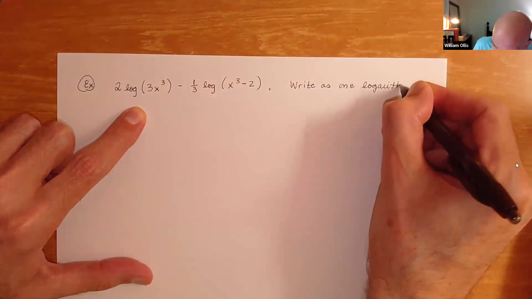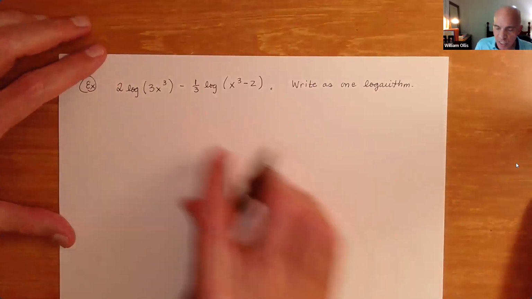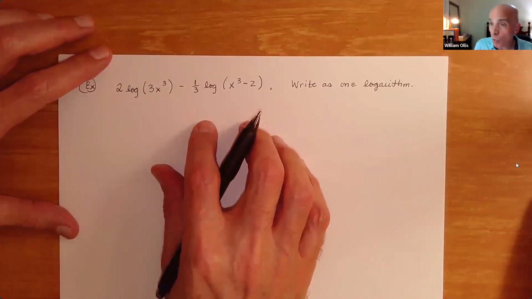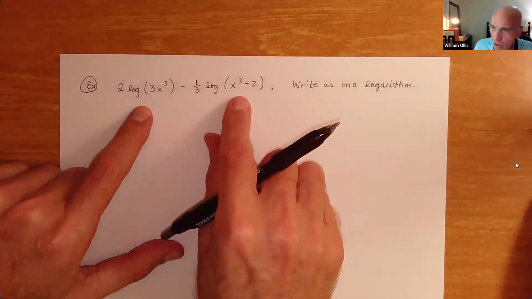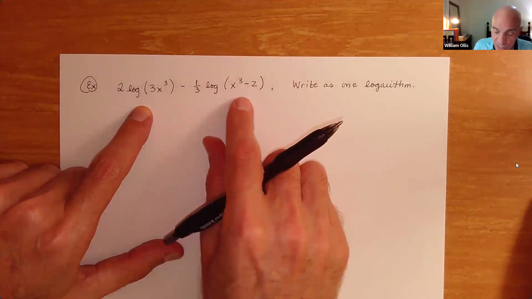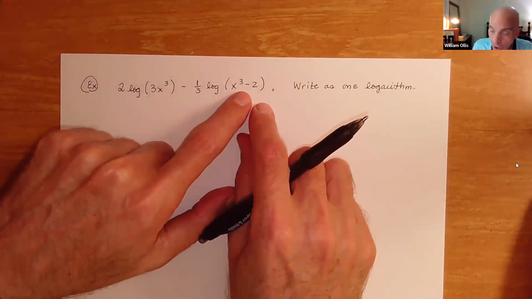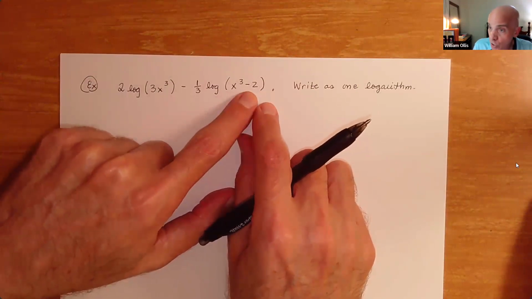Again, these are very academic exercises, and in order to be able to use these properties or identities to solve equations, we need to know how to work with them. So the first thing I want to notice is we've got to use the power rule in both cases. Notice here, the argument of the logarithm is a difference. It's x cubed minus 2, okay?